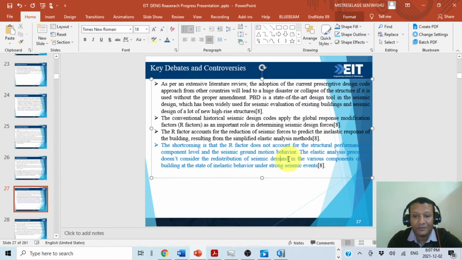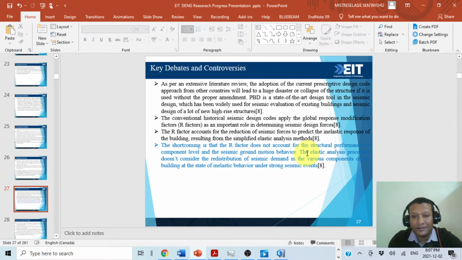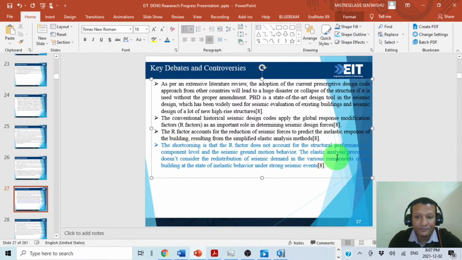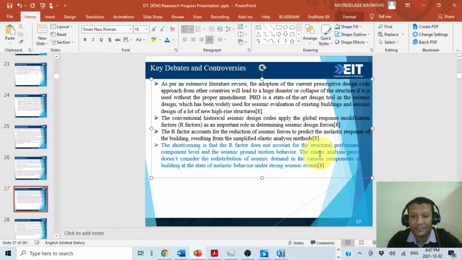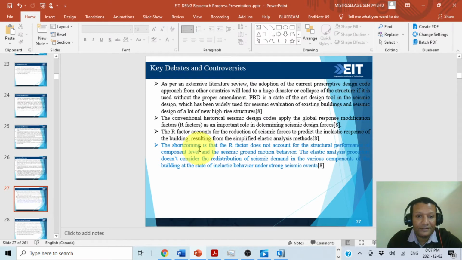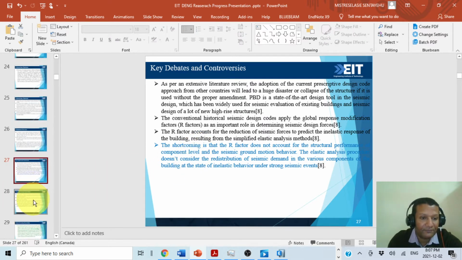This is the main idea, because we will see the building as very tiny finite elements, and we are going to design each component level, so we will redistribute the force. That is what I understand from here. So that's why we can simply scale up the base shear, but the main idea of dynamic analysis is that it will go into the component element level also. Okay.